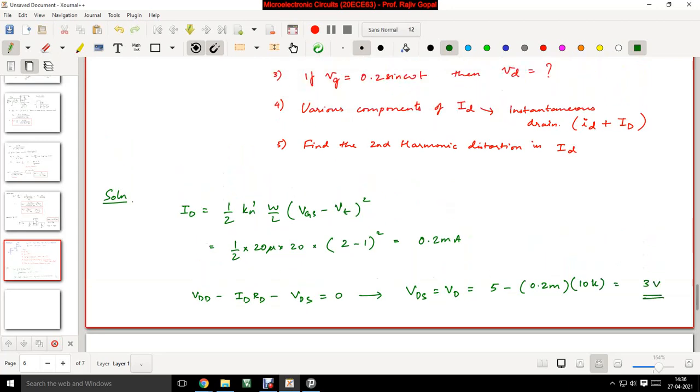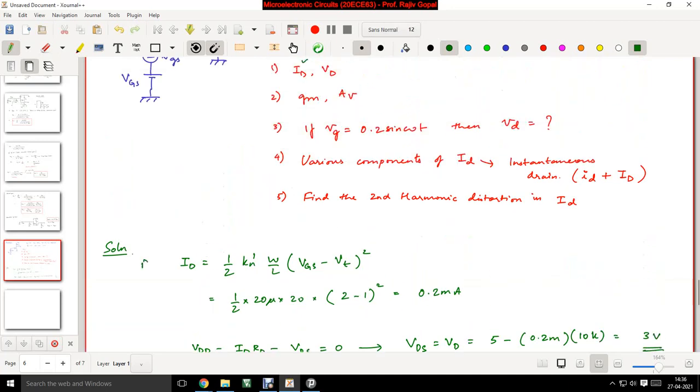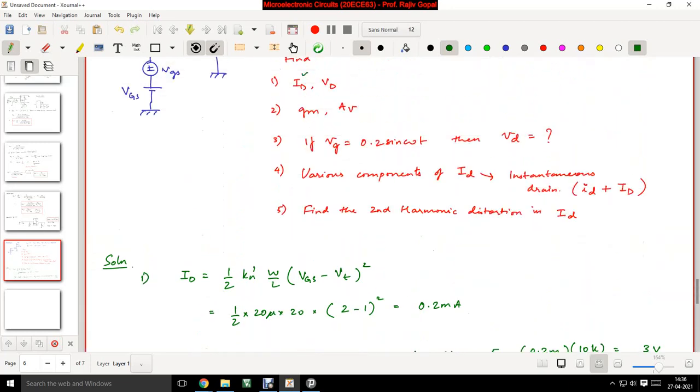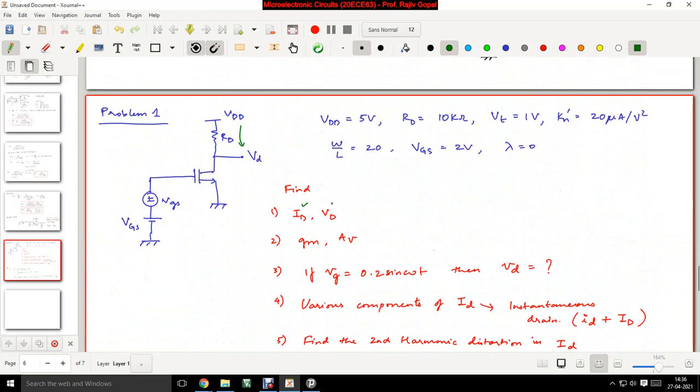So the first part of the problem is done; ID and VD are found.